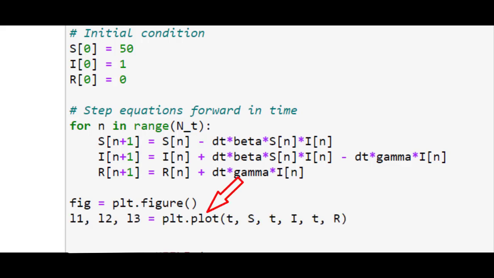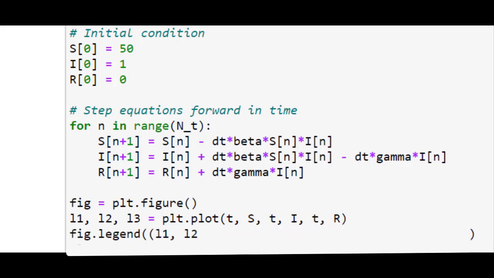Now invoke plot to draw 3 plots, which we'll call L1, L2, and L3. L1, L2, and L3 are the curves that display respectively the susceptibles versus time, the infecteds versus time, and the recovereds versus time. Give the figure a legend.